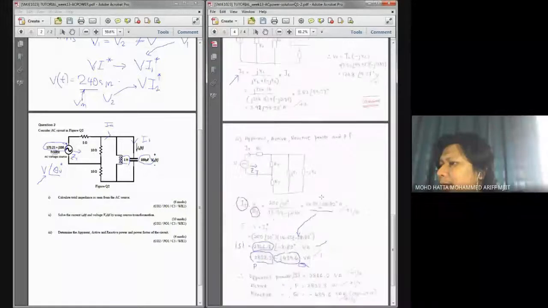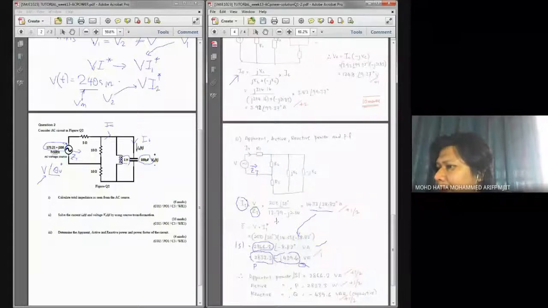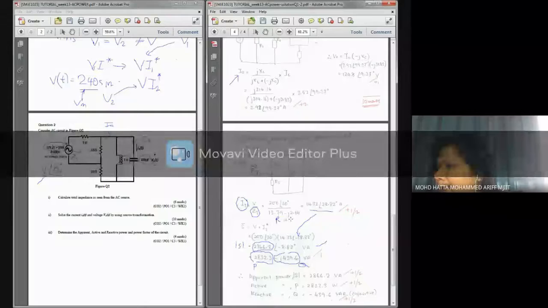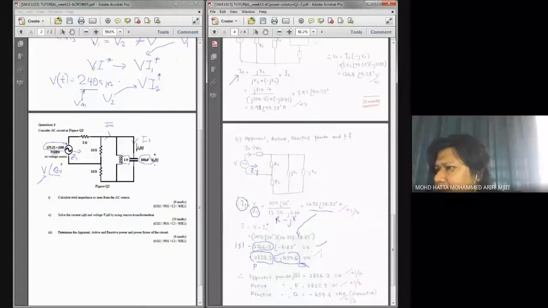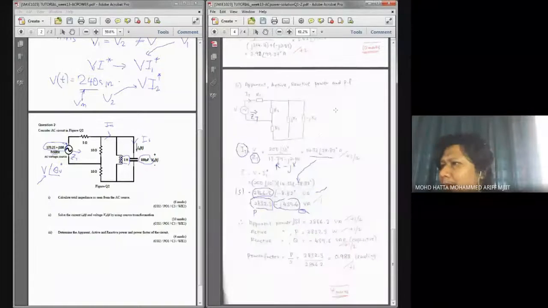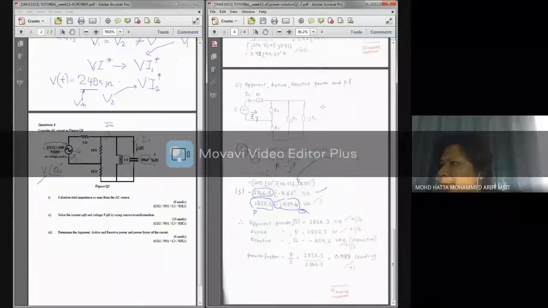Okay, looking here, we have R, 13.79 minus jX. The minus jX gives the indication that my total load is capacitive in nature. Actually, all the load that I have here can be simplified into this kind of circuit.